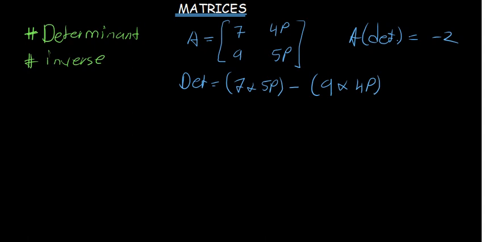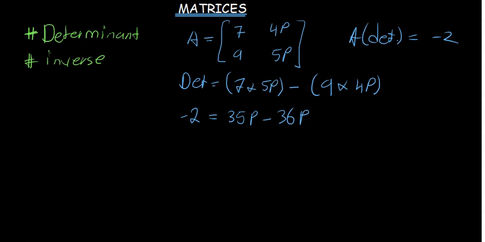Okay, so since we already have the determinant, which is -2, we have -2 here is equal to 7 times the 5 here, what you're going to have is something like 35p, minus 9 times 4, which is 36, so 9 times 4 is 36p.